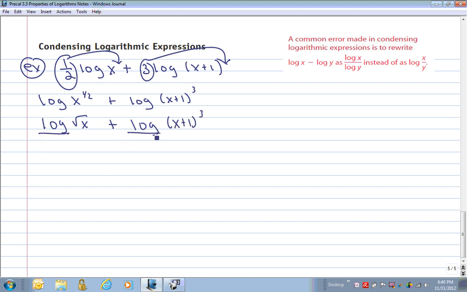They both have log base 10, so to condense them, they share log base 10. Because that is addition, we put it back together with multiplication. So we would have the square root of x times x plus 1 cubed, all together. We could put a bracket around it if we wanted to, just to separate it from the base 10 of the log.